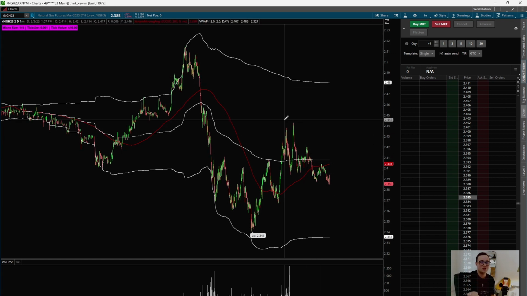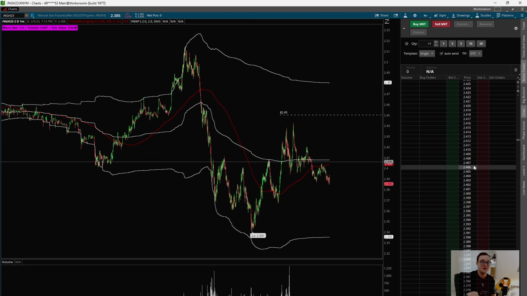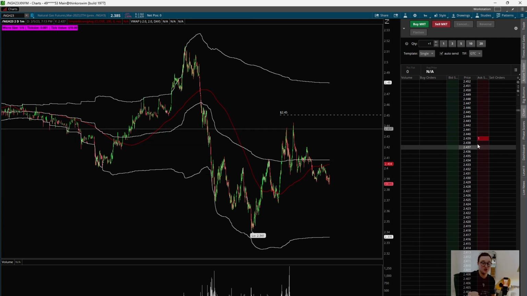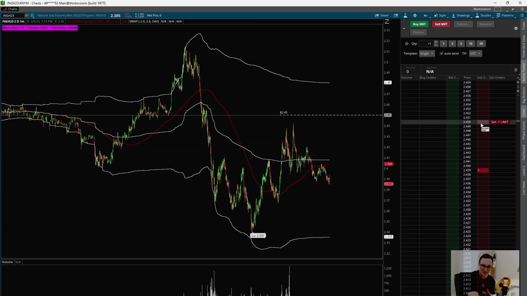If we did want to short here, let's pretend we want to short if it pops up to 2.45. We can choose the contract size and the order type here, and then on the price ladder we can go up to 2.45. Instead of buying like we did on the long side, if we wanted to short a position in the market, we would go into the ask column, which is all of the different prices that sellers are willing to sell at, and choose our price point.